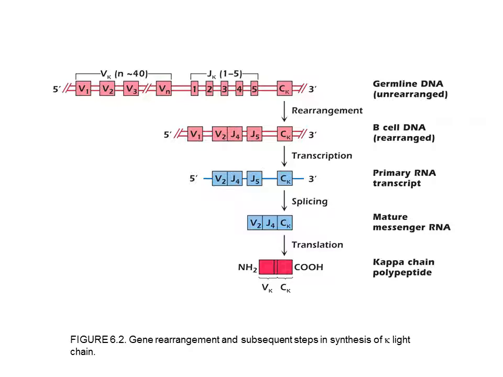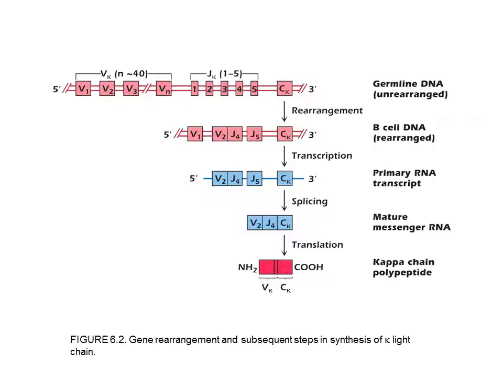And then this is transcribed into a primary RNA transcript. And then again, you will see that we are losing introns and putting them together. V2 joins with J4 and then J5. And then again, as we discussed a while ago, there is a specific enzyme.